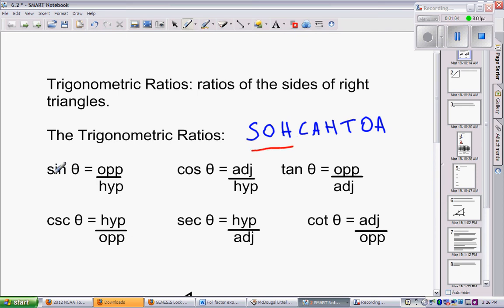This one's for sine, S-O-H, CAH, TOA. And then the reciprocal is just flipped.